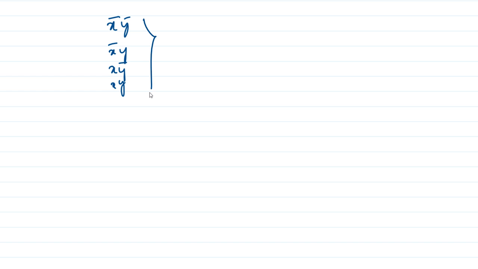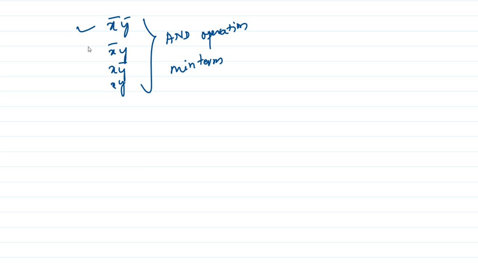With which operation are these performed? We performed the AND operation. Any term which is performed with the AND operation is known as a min term.